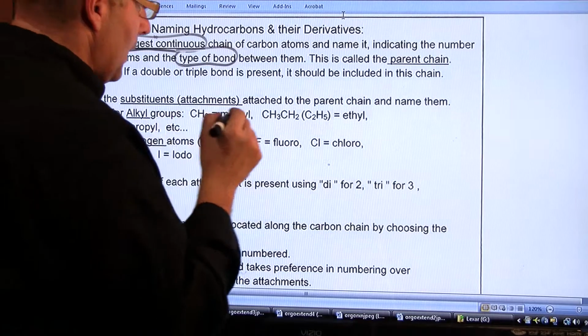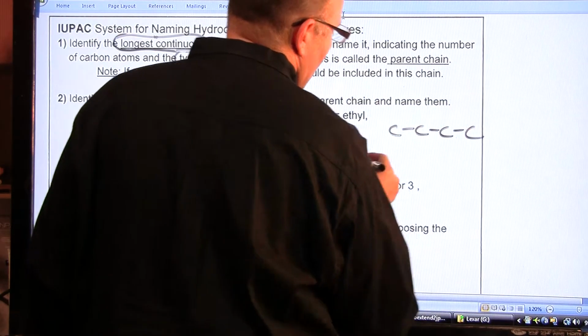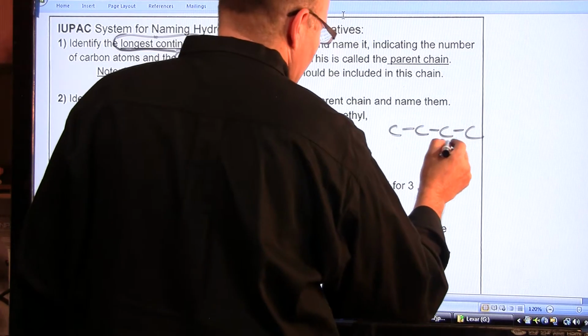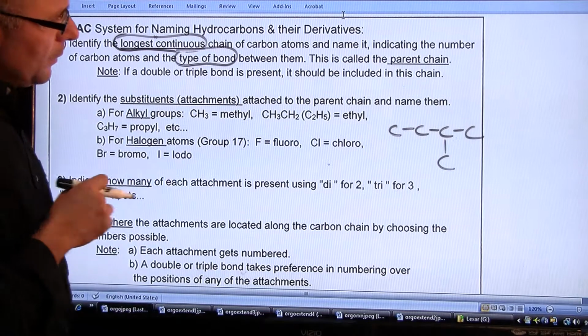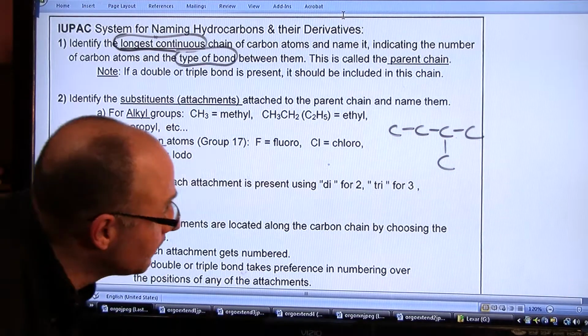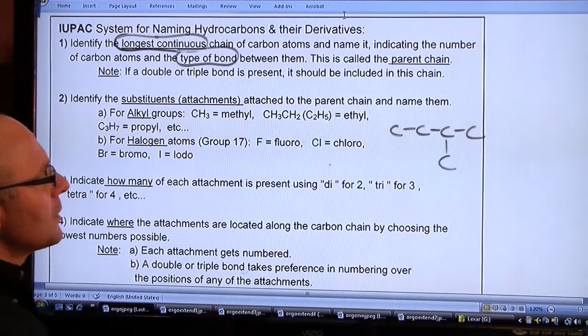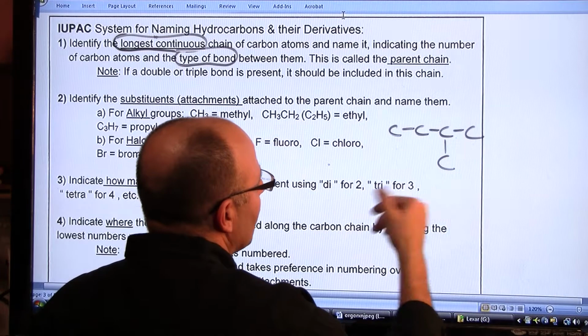All right, so how about we have something like this? 1, 2, 3, 4. Let's put another carbon here if you want. I'll just keep the hydrogens out of this. To get the longest continuous chain, you count carbons left to right or right to left.